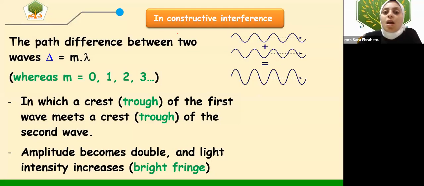So constructive interference is when crest meets crest or trough meets trough, and that gives bright fringes.